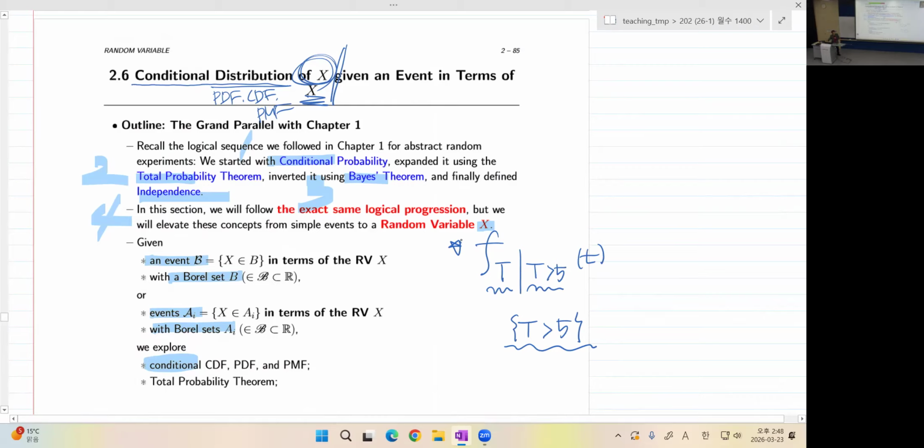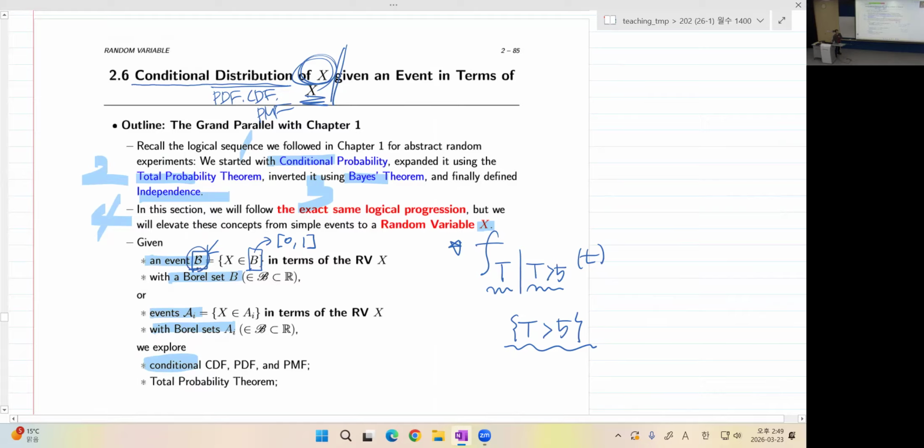To make everything mathematically correct, let's define this calligraphic letter B as an event in terms of a random variable, and this normal uppercase B as a Borel set, for example, the interval 0, 1. Got it? So you see the difference?